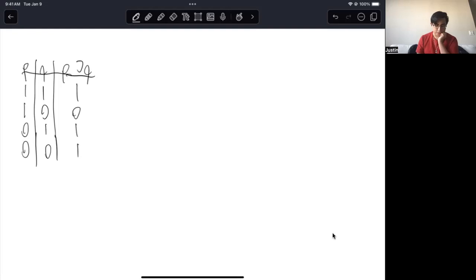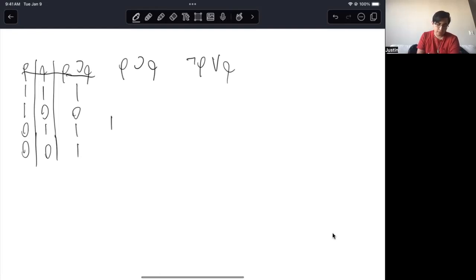What it takes the conditional to be true is either a false antecedent or a true consequent. And if you remember from that introduction, if P then Q is somewhat equal to not P or Q. And that's kind of what's at play here.